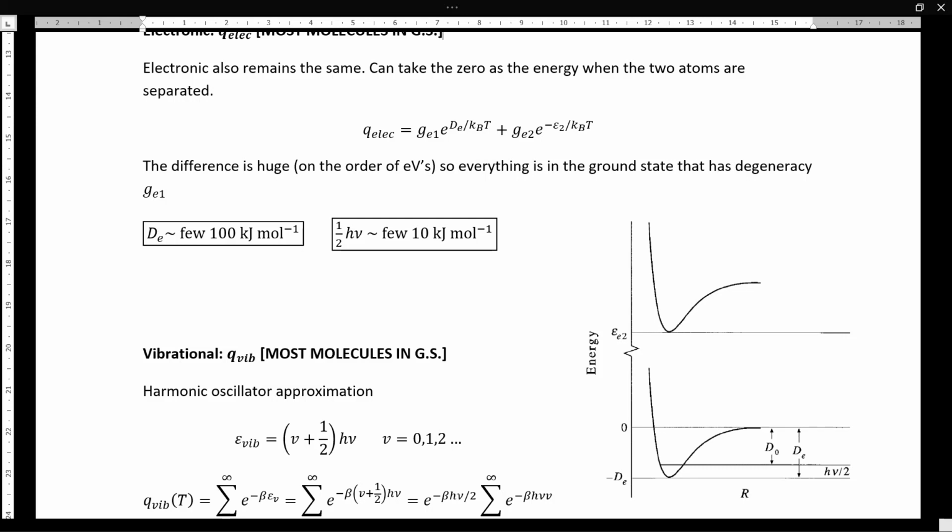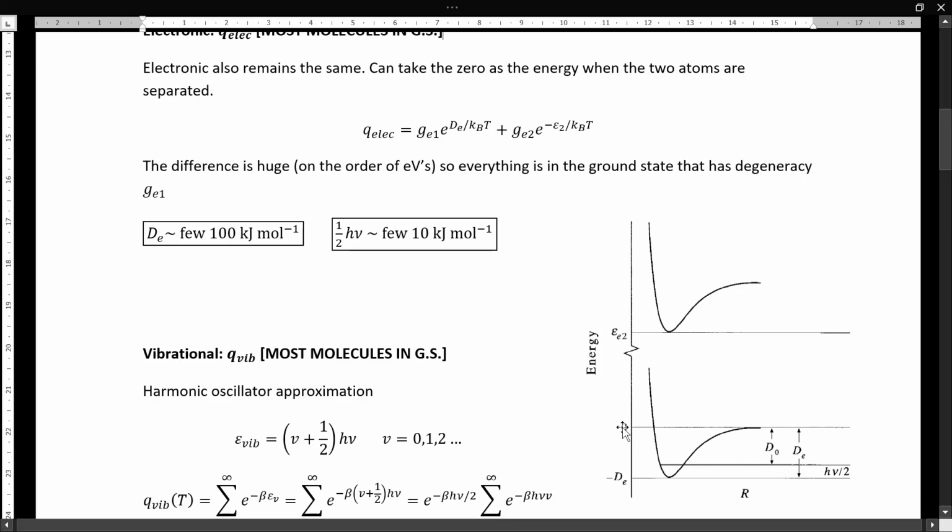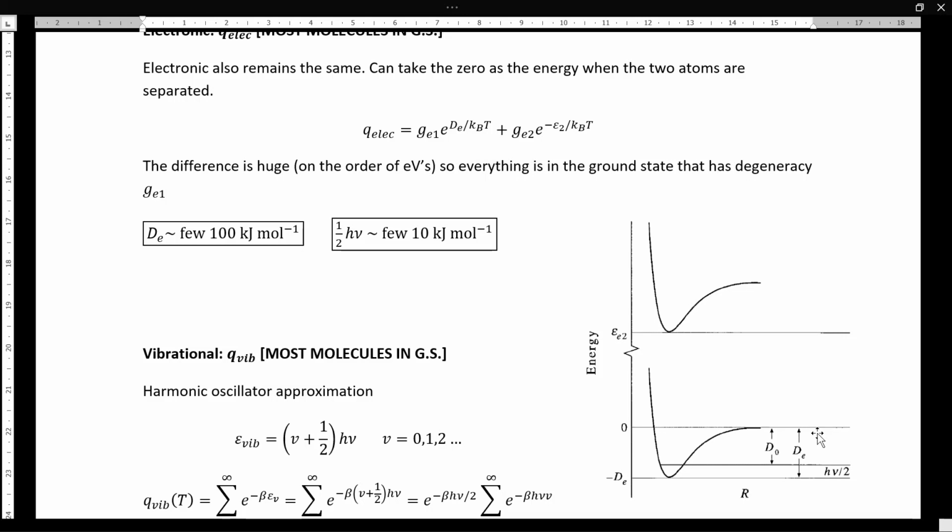For example, minus 13.6 electron volts for hydrogen, I could choose as 0. Whatever is the lowest energy. In case of the molecules, it is more advantageous to choose this 0 of energy when the two atoms are completely separated.